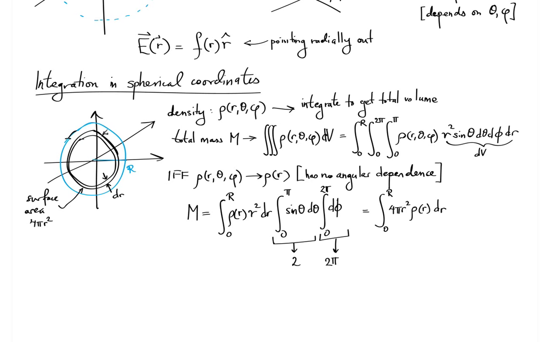And the density of this shell is going to be rho of r everywhere on the shell, because it doesn't depend on theta and phi. It doesn't depend on where I am on the shell. So then the volume of the shell is just going to be the surface area times the thickness, dr, because it's infinitesimally thin.